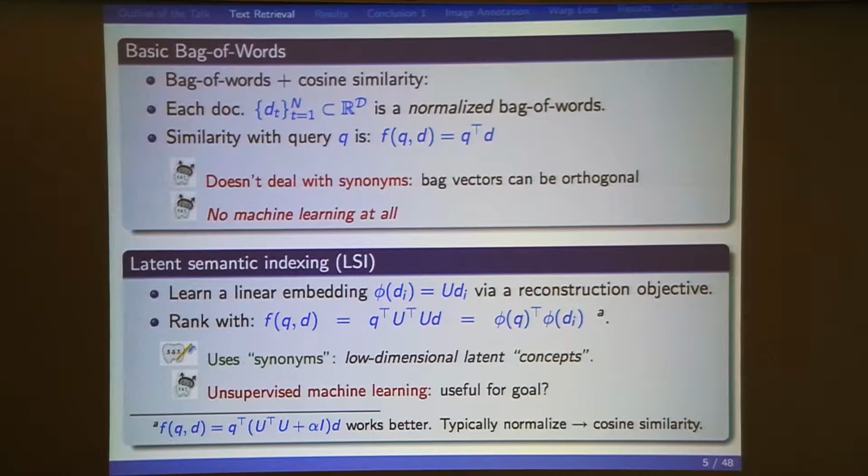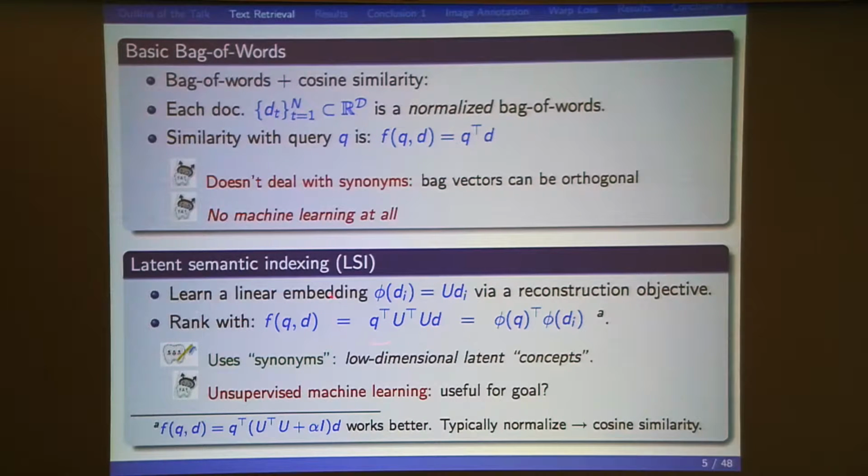So what you're actually doing there is basically just this matrix U. Because you're mapping from the dictionary, which could be something like 100,000 down to 200, for every word you've got one 200-dimensional vector that you're learning.